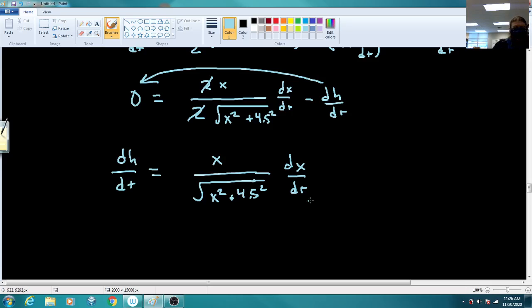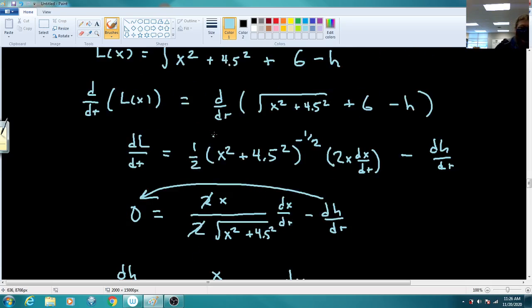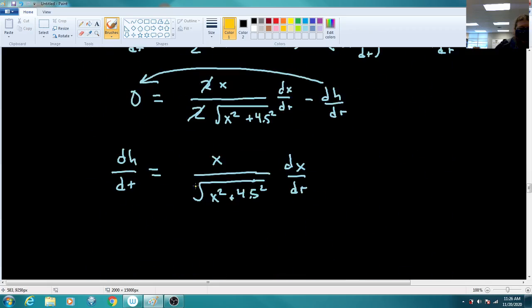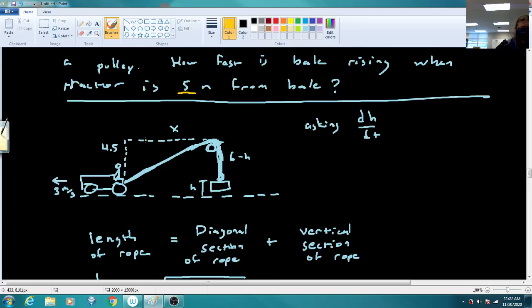So now let's plug in values. We're looking for the rate the hay bale rises when the tractor is 5 meters from the bale, which means x is 5. So we put 5 in for the x's. And dx dt, the rate that the x direction changes with respect to time, is the tractor speed, because the tractor is driving in the x direction.